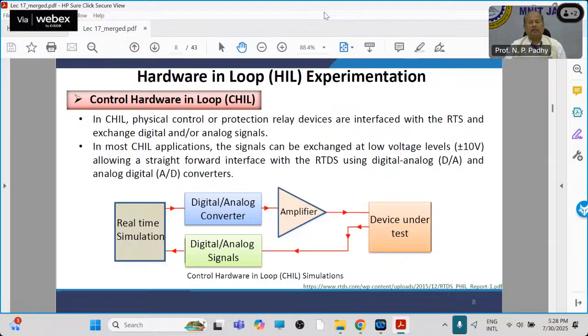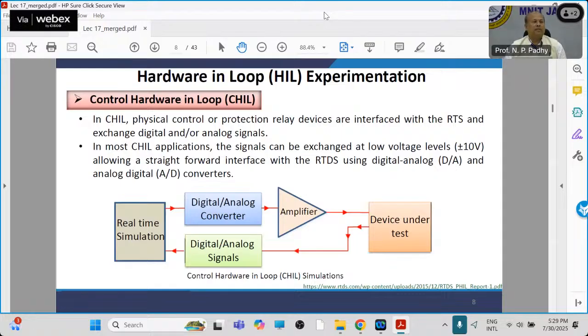In CHIL, physical control or protection relay devices are interfaced with the real-time simulator and exchange digital and or analog signals.